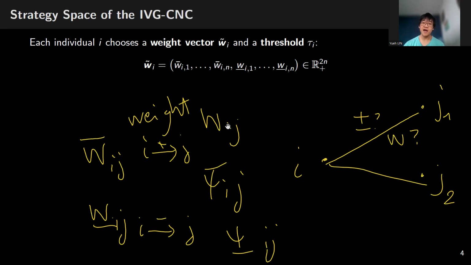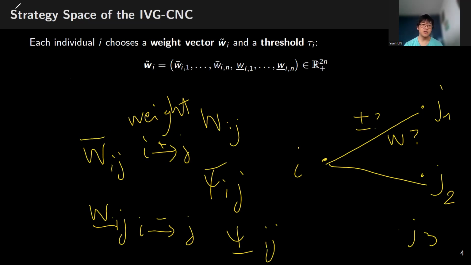And also, if I and J are not friends, so let's say J3 is not a friend of I or not connected to I, then both W overline and W underscore between those two individuals should be zero.